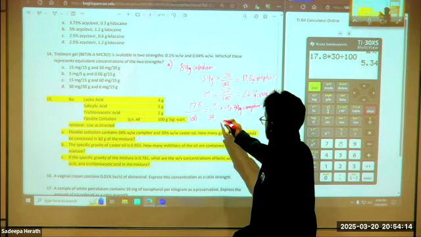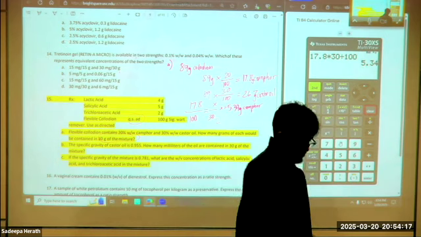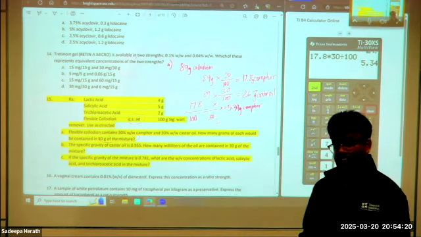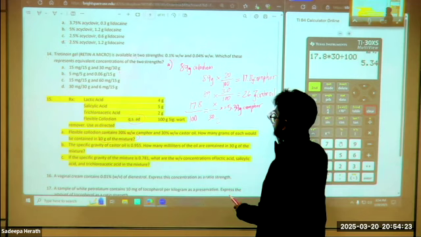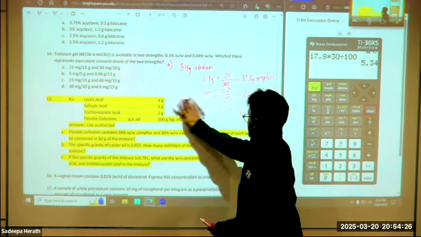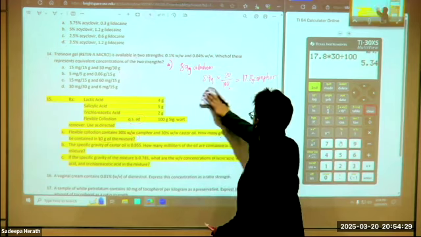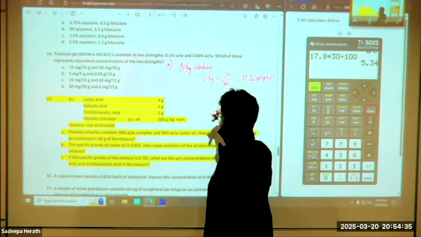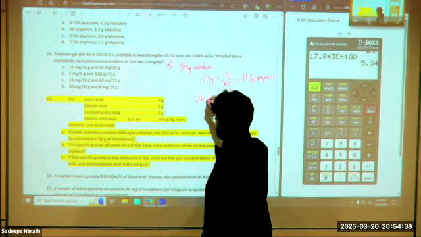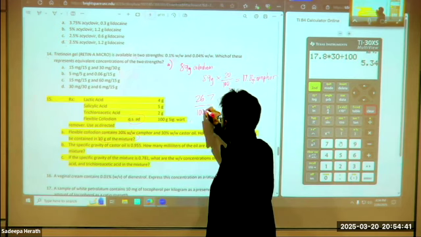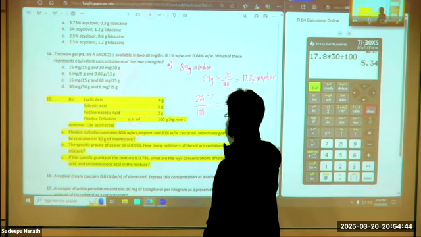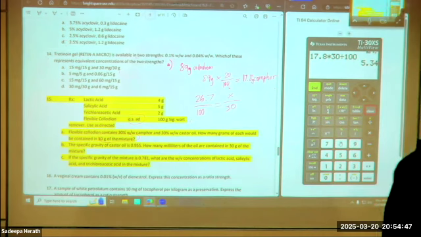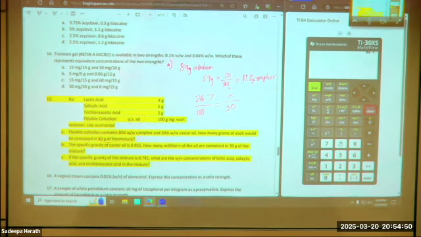And then same goes for castor oil. Pause if you need as you go, working out the answers here. 26.7 over 100 of the mixture equals how many grams for 30 grams of the mixture? 26.7 times 30 divided by 100, 8.01.